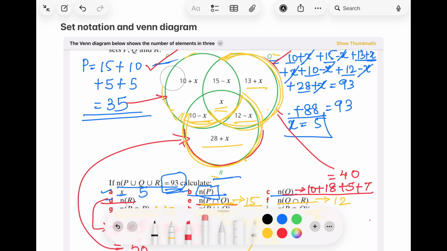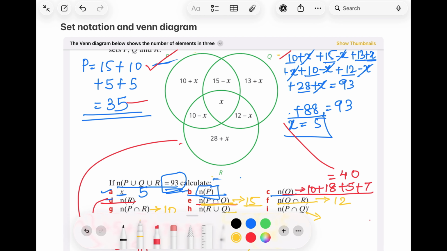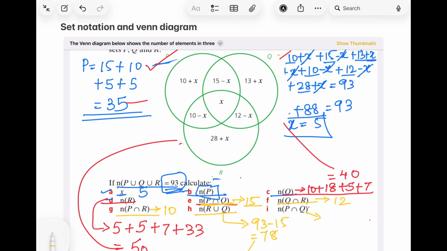We will write everything, but we will not write what is P intersection Q, right? P intersection Q dash, that means this part. P intersection Q is this part. So we will not write this part and write everything else.